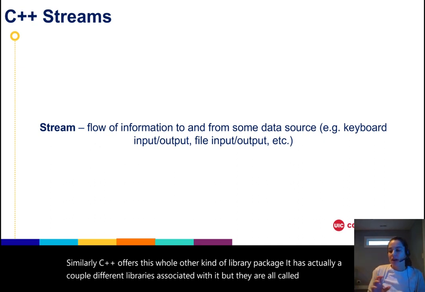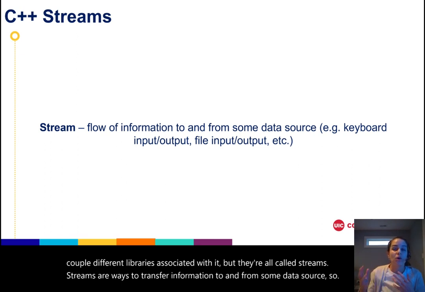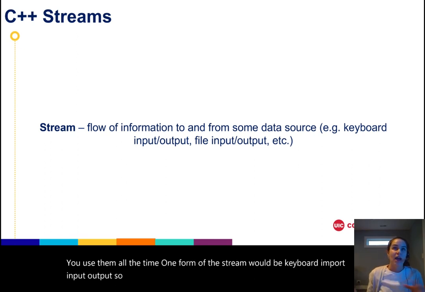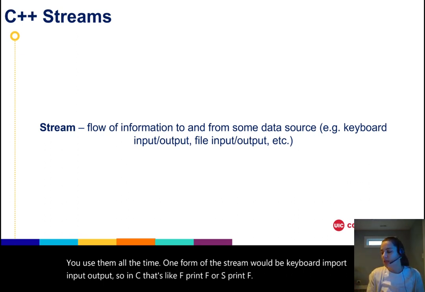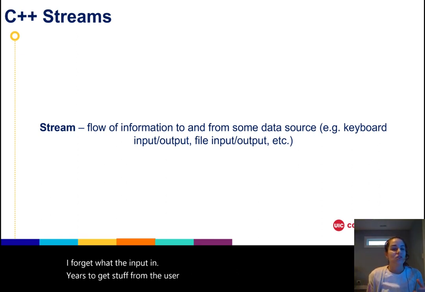Streams are ways to transfer information to and from some data source. You use them all the time. One form of a stream would be keyboard input and output. In C, that's like printf or scanf, I forget what the input in C is to get stuff from the user, but that's called a stream in C++. It's the object that we use to have that functionality.